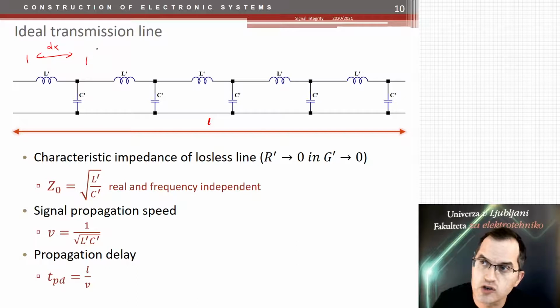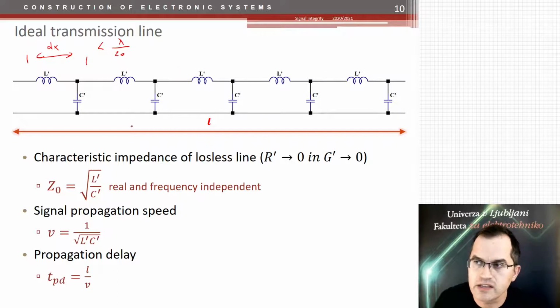And that dx should be shorter than, let's say, the wavelength of the signal over 20, where the wavelength is the shortest wavelength of the signal present on that transmission line. So if we have enough of these sections forming the transmission line, we can simulate it very thoroughly.